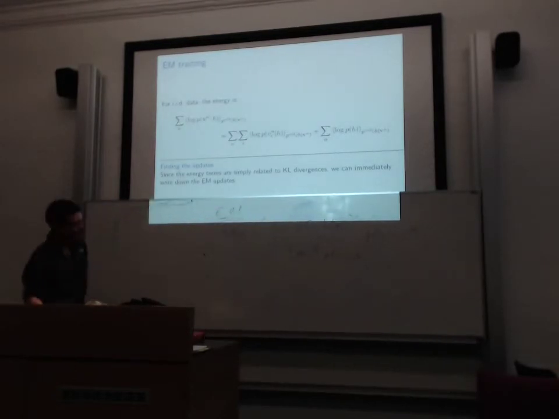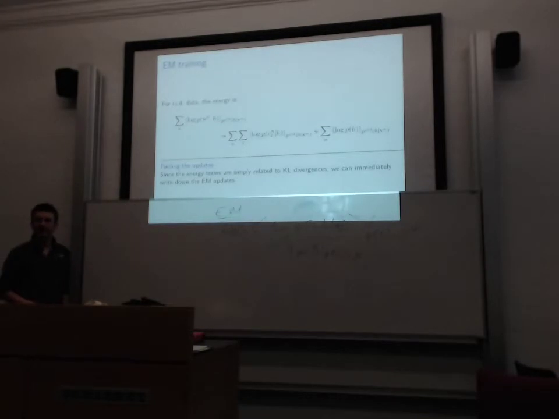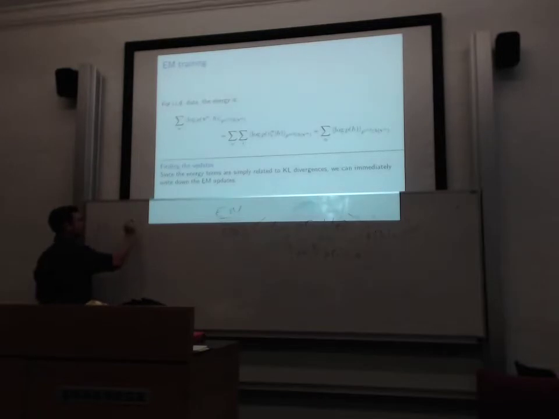You're going to help me figure out how to optimize that expression with respect to P of H. The constraints are that P of H is just some parameter with the constraint that the sum over H of P of H is equal to 1 and each P of H is non-negative.